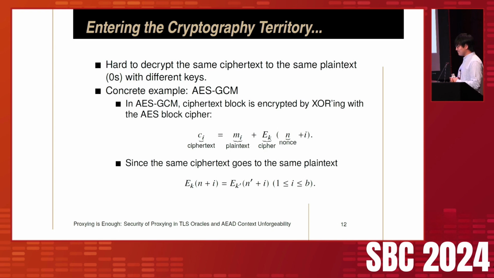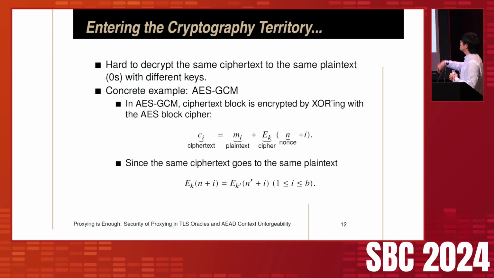And now I'm trying to show the intuition of why this is hard. Let's take an example of AES-GCM, which is the most popular cipher suite used in TLS. So in GCM, the ciphertext block is encrypted by this formula, which is basically saying that we have this cipher, we do this on some nonce, and then we XOR it with the plain text to get the ciphertext.